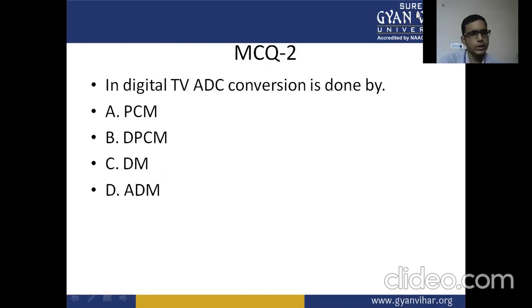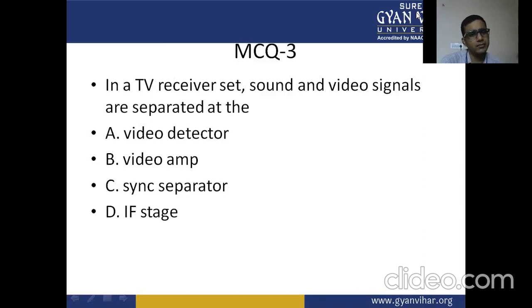Question number 2: in the digital TV, ADC conversion is done by A pulse code modulated system, B DPCM, C delta modulation, D adaptive delta modulation. Question 3: in a TV receiver set, sound and video signals are separated at the A video detector, B video amplifier, C sync separator, D IF stage.